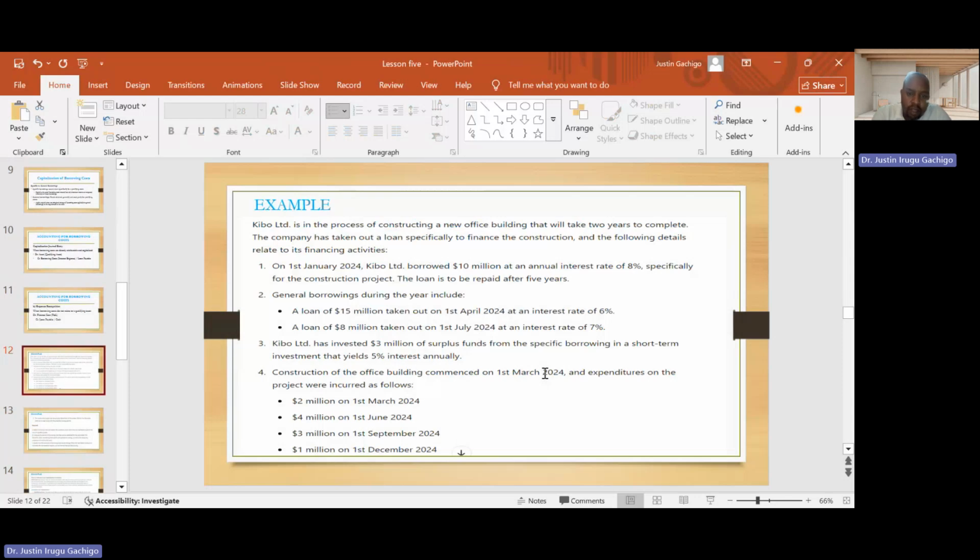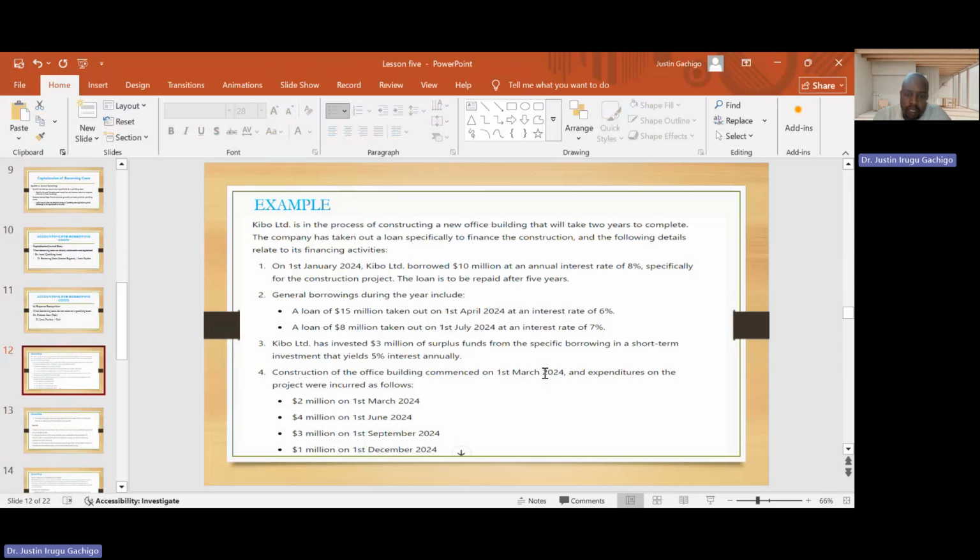General borrowing during the year includes a loan of 15 million taken out on 1st April at an interest rate of 6%, a loan of 8 million taken out on 1st July 2024 at an interest rate of 7%. I.GACHIGO Limited has invested 3 million of surplus funds from the specific borrowing in a short-term investment that yields 5% interest annually.